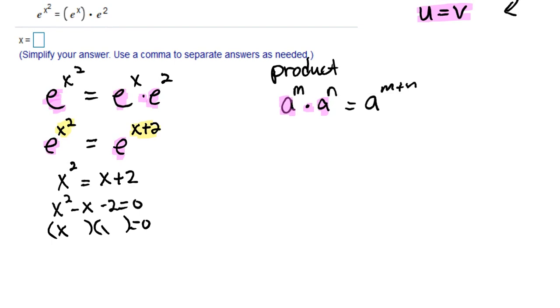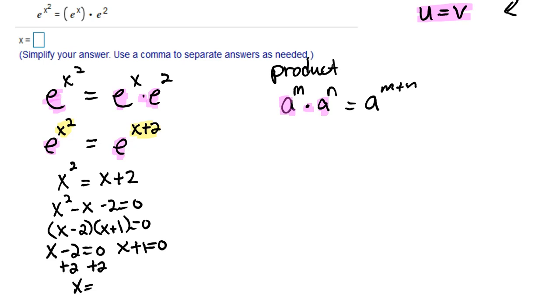So x times x would give me x squared. 2 times 1 would give me 2, and I need a minus on the 2 and a plus on the 1 to make sure I get negative 2 when I multiply and negative 1 when I add. Then I'm going to use the zero product property and set each factor equal to 0.